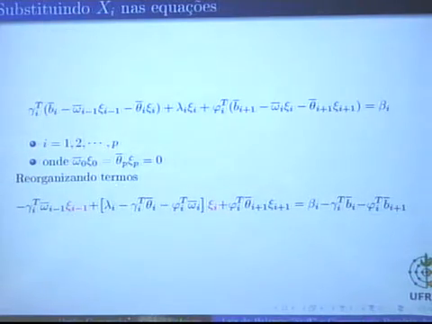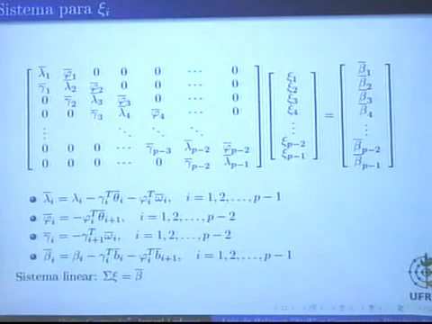Rearranging the terms, we get this linear system, where we also consider psi 0 and psi p equals 0, because they are not in the system before. So we get this final system for xi.